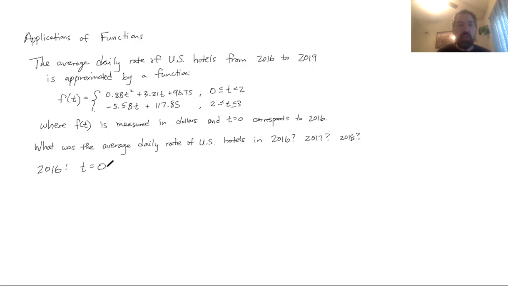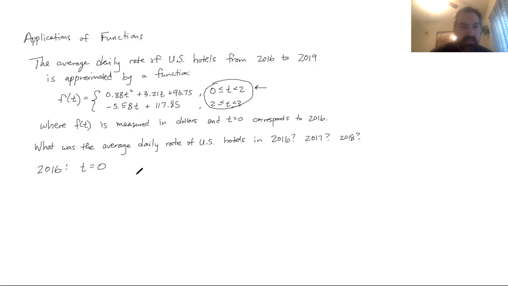And so we need to know which piece of this function we're going to plug t equals 0 into. Well, this is where the restrictions come in. We look to see which piece this fits. Well, t equals 0 falls into the first restriction, 0 less than or equal to t less than 2. So we're going to use this first piece to plug t equals 0 into.